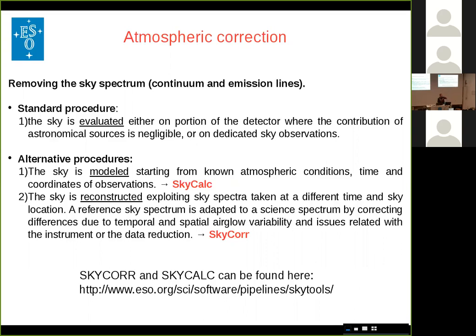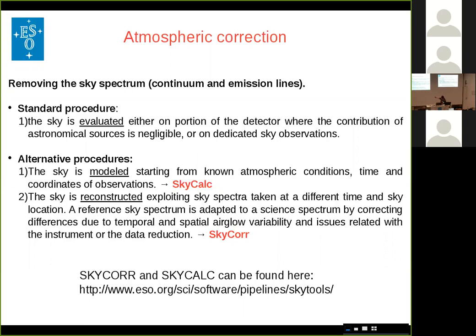Usually, when you make the observations, you can observe a sky region, so you can measure the sky and then subtract it from your observations, or you can approach it in another way. You can create a model of your sky starting from the atmospheric conditions. We provide a tool called SkyCalc that creates a model of the sky at that given time so that you can subtract it from your observations.